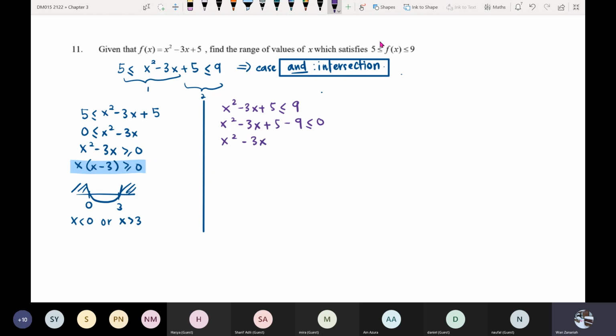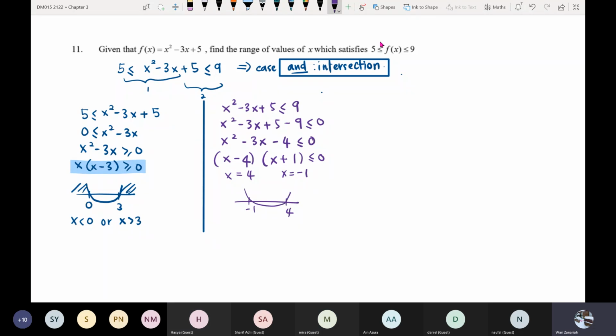X square minus 3x minus 4. So the factor, x equals to 4 dengan x equals to negative 1. So negative 1 dengan 4.